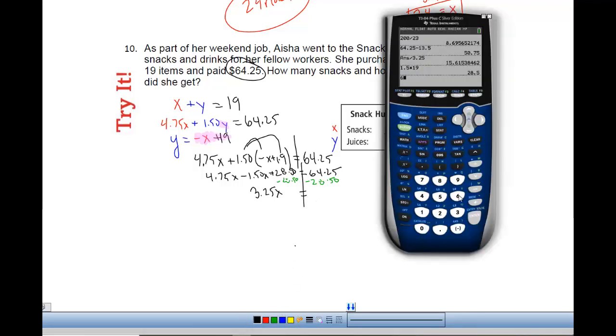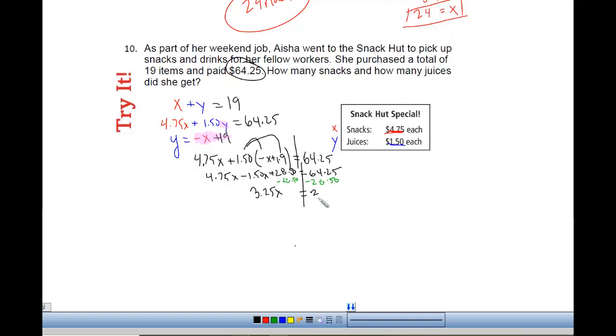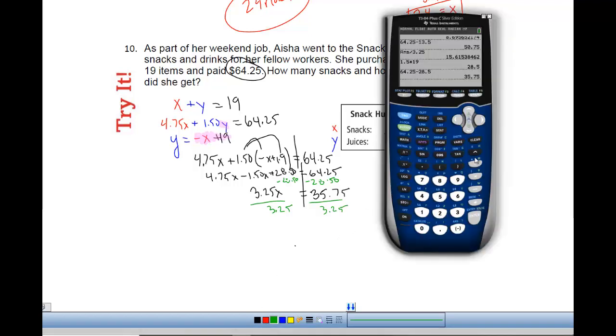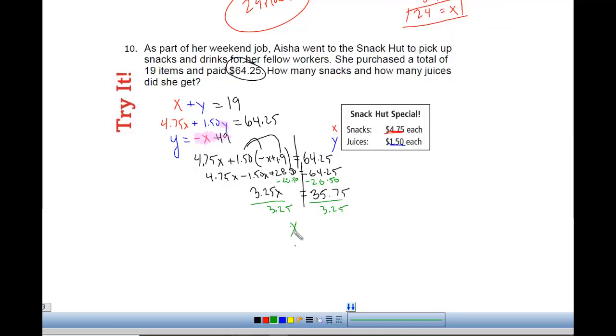So I have 64 1/4 minus 28.50. And that's 35.75. And then we divide each side by 3 1/4. And that looks a little better. And x equals 11. So then if x equals 11, we know that y should equal 8 because they bought a total of 19.